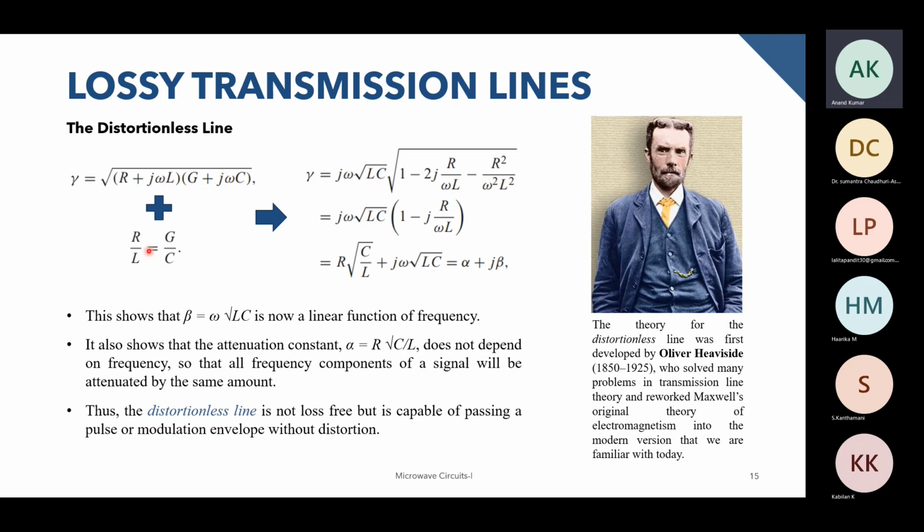And in the distortionless line, we use this particular relationship R by L equal to G by C, and then again we evaluate it to get this expression over here. So so far, these are just two different cases of approximation to get some equations which allow us to get some insights on the wave propagation in the transmission line.